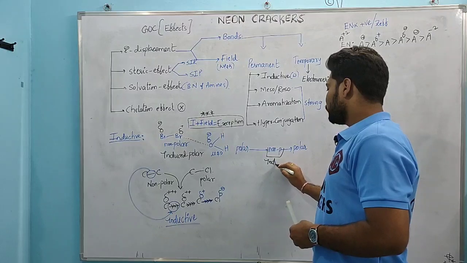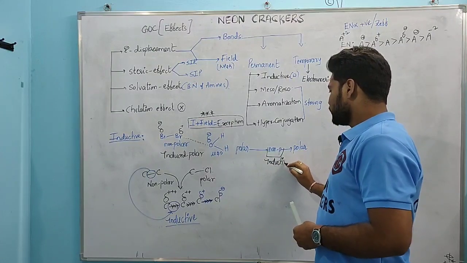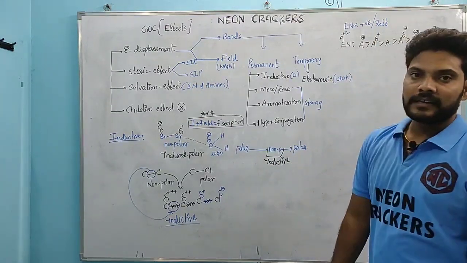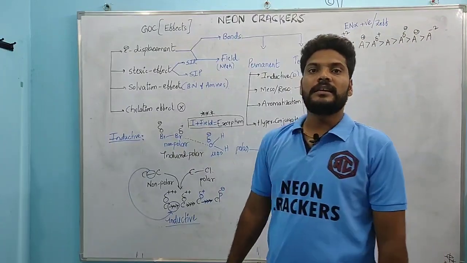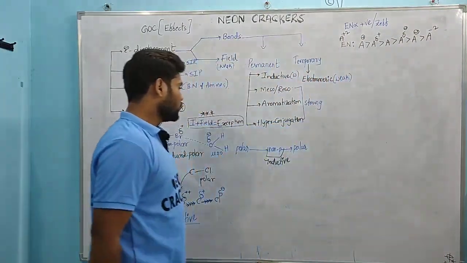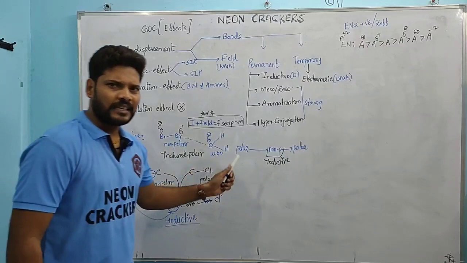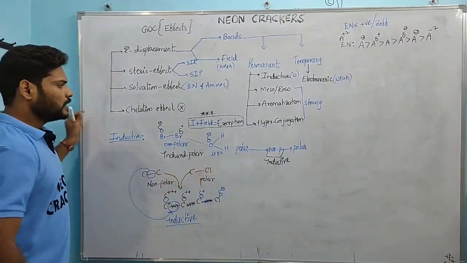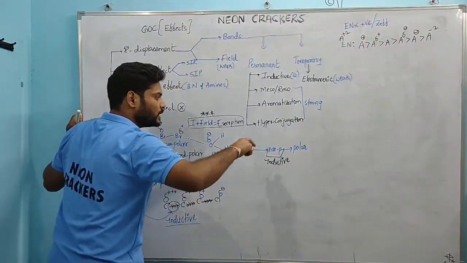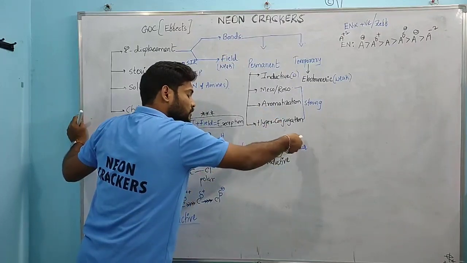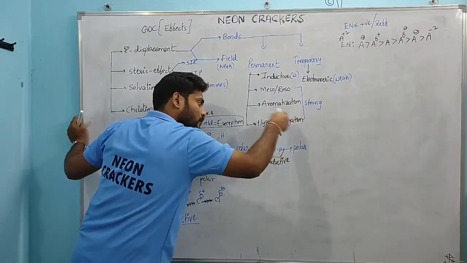Whatever non-polar bond is there, that is called the inductive effect. So this is the introduction or concept of inductive. Is it clear? Check it, is it clear? In the influence of polar, there should be generation of polar from non-polar.